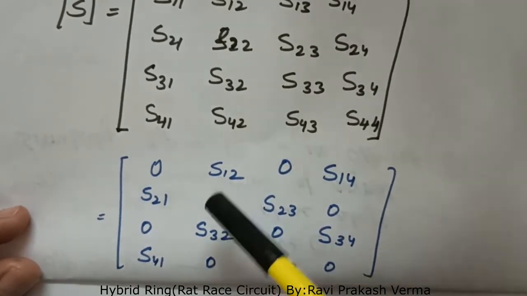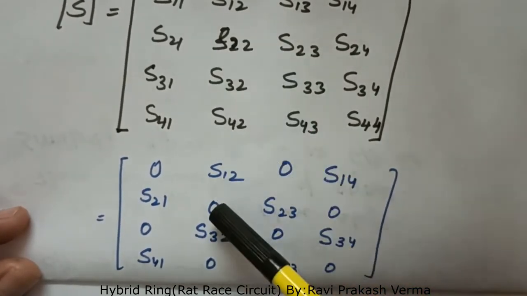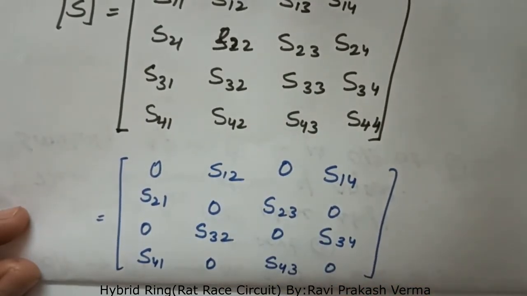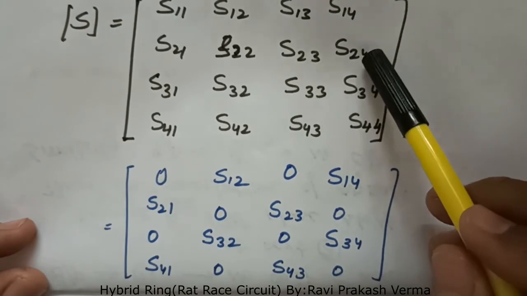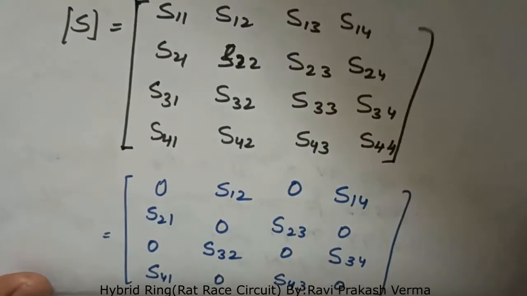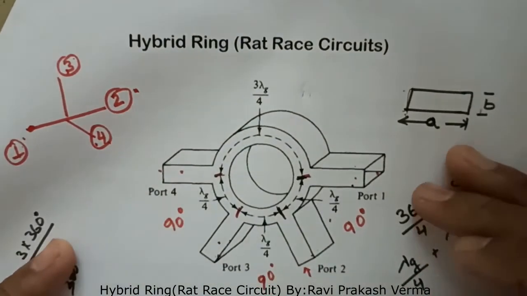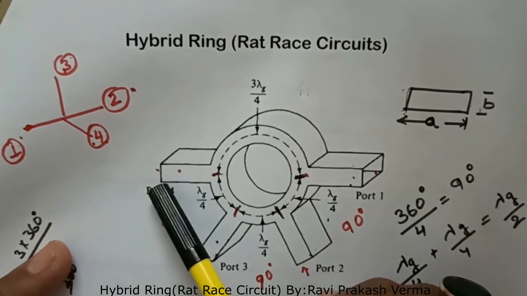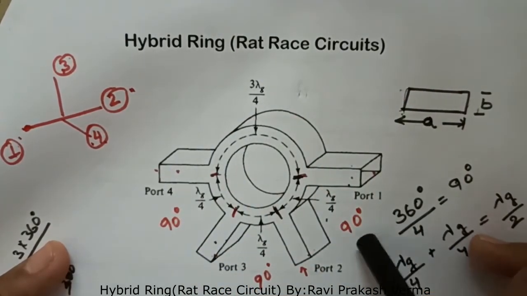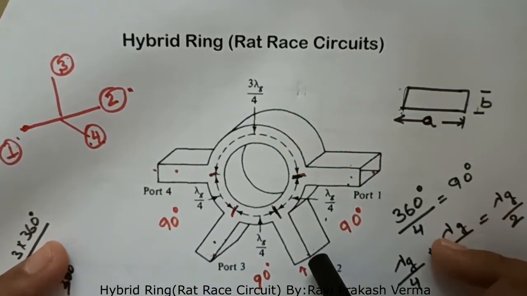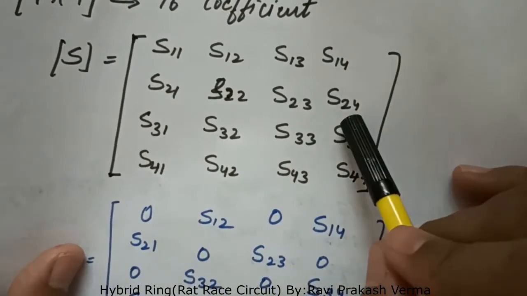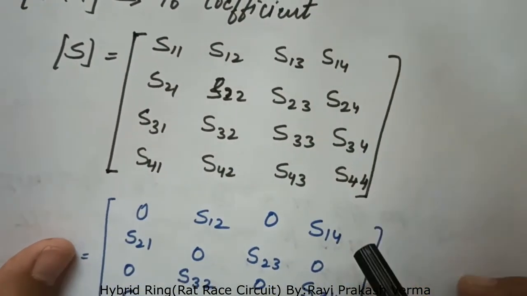Similarly, S22 is a match circuit, so there is no reflection and S22 will be 0. S24 means we are providing input at port 4 and taking output at port 2. The total is a multiple of 180 degrees, so the output at port 2 will be 0. That's why S24 is 0.